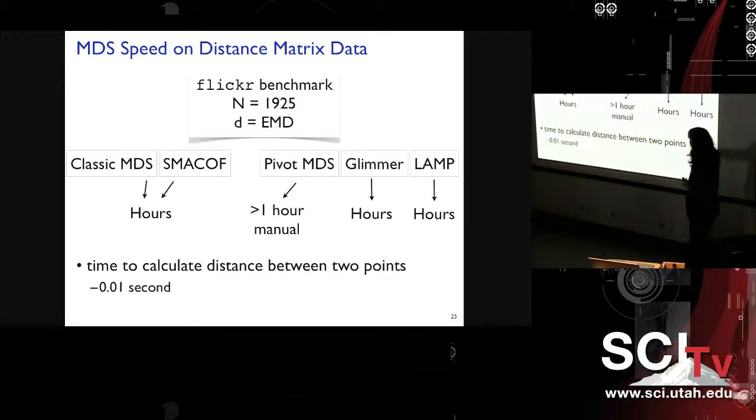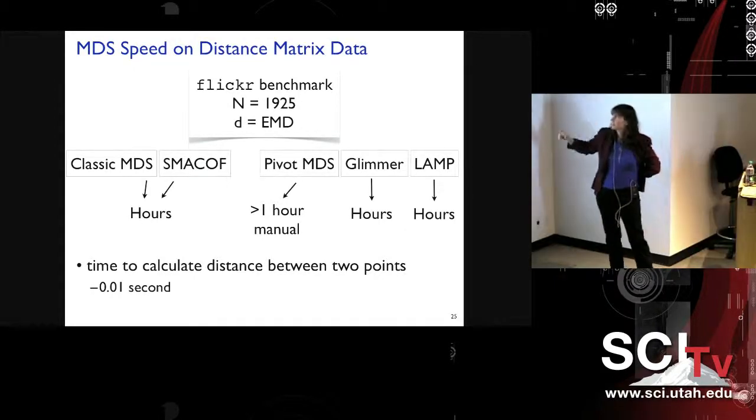And what's going on here is that the time to calculate distances is much, much more expensive. Ross? We're going to get to that. So the short answer is a lot of them are set up to assume that you do need the full distance matrix, and actually Glint is trying to get at this question of automatically figuring out how little can you do.